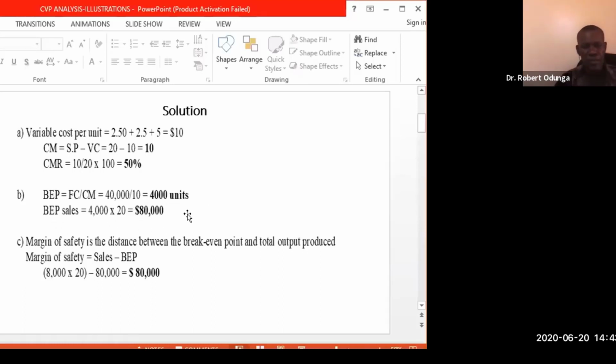Times 20, you get our sales break-even point. Margin of safety is the distance between the break-even point and total output produced. So margin of safety is equal to sales minus break-even point. So this is 8,000 times 20, which is our selling price, minus 80,000, it will give us 80,000 as our margin of safety.